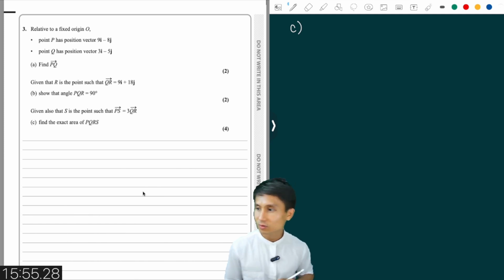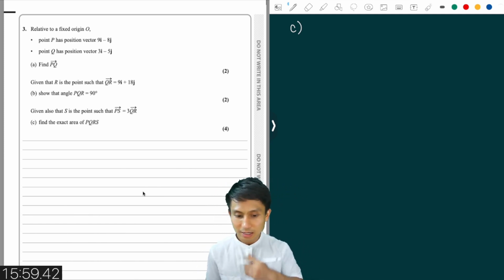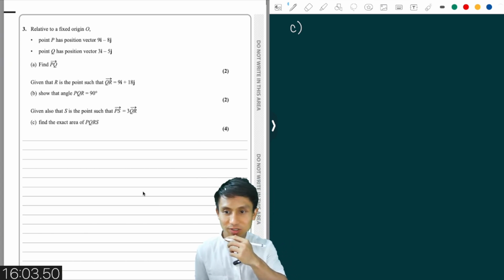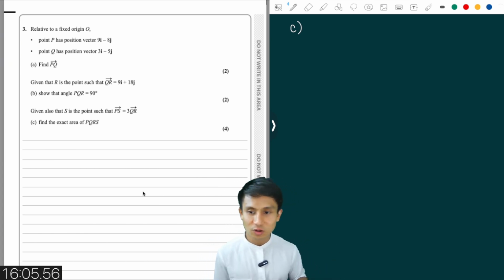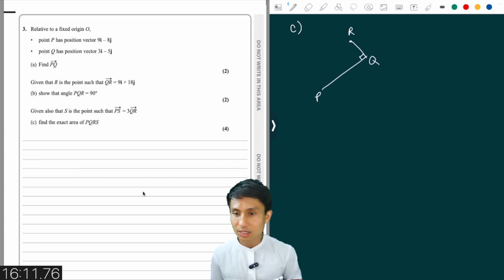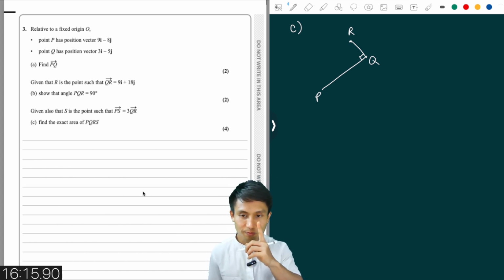Part C, what time do I have? Okay, yeah, we have almost 2 hours here. C, given also that S is the point such that PS is 3 times QR. Okay, so we had P and Q and R here, right? And this is perpendicular. PS is 3 times QR. Well, that means they're parallel.